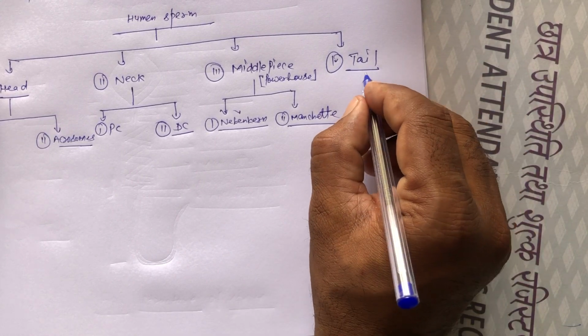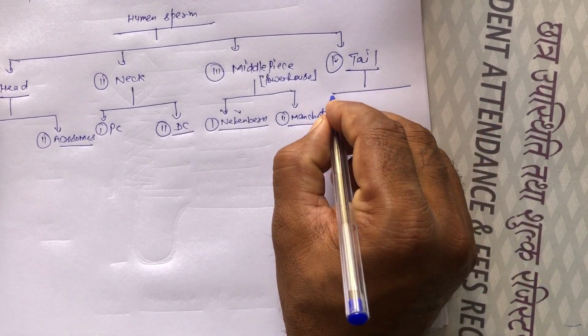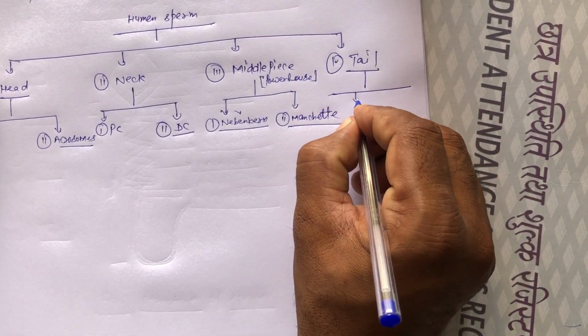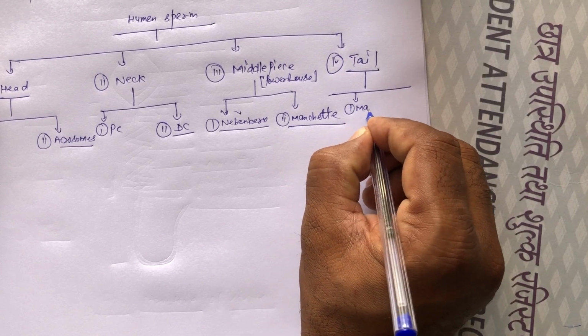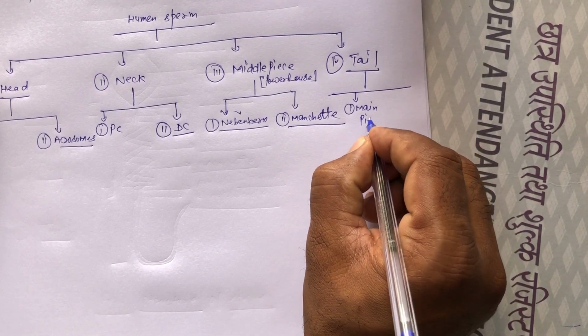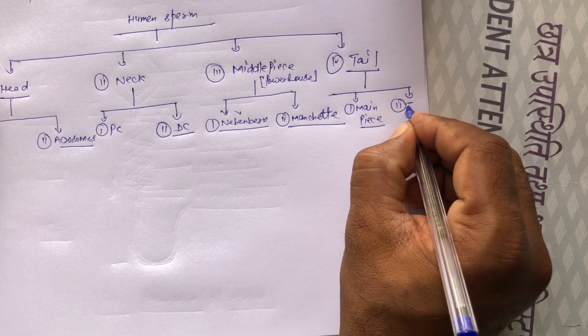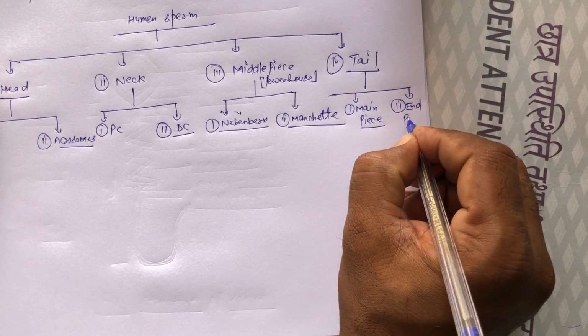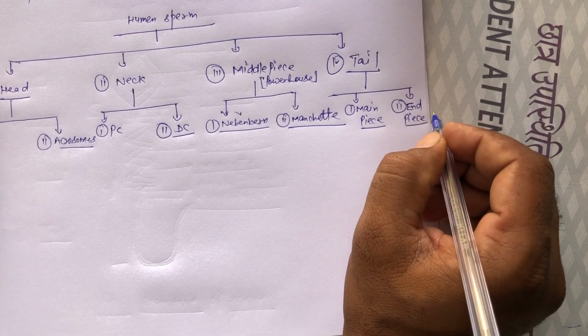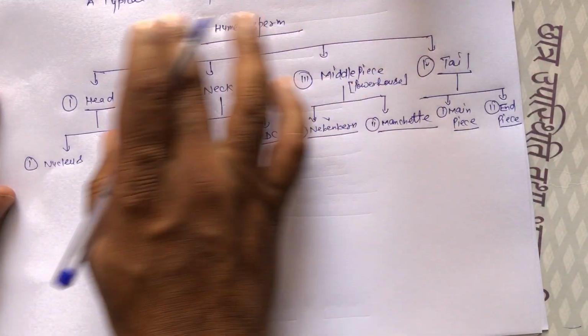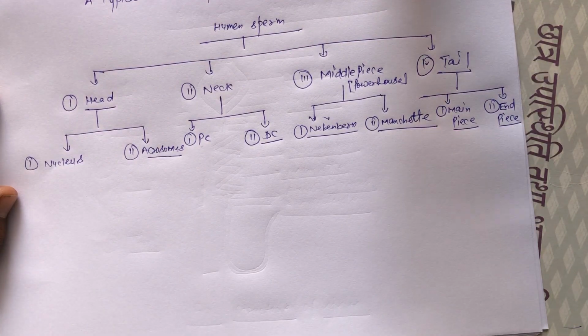The third is the tail. First part is the main piece, second part is the end piece. Students, this is a linear figure of sperm parts.